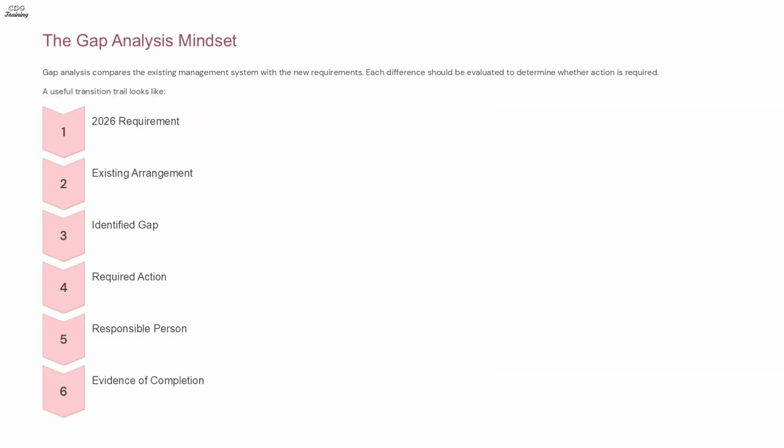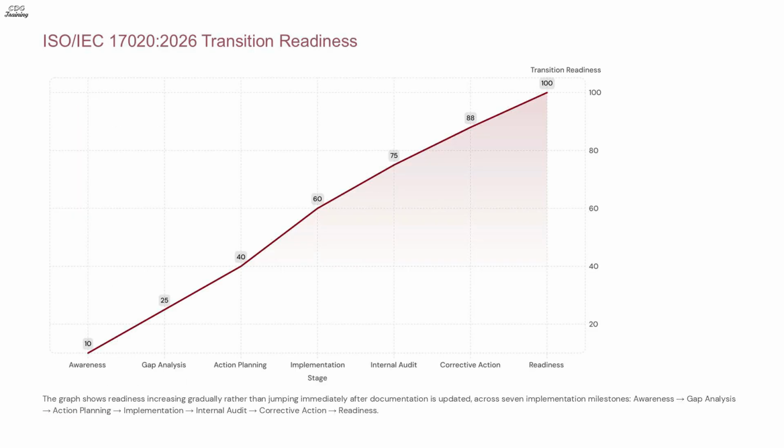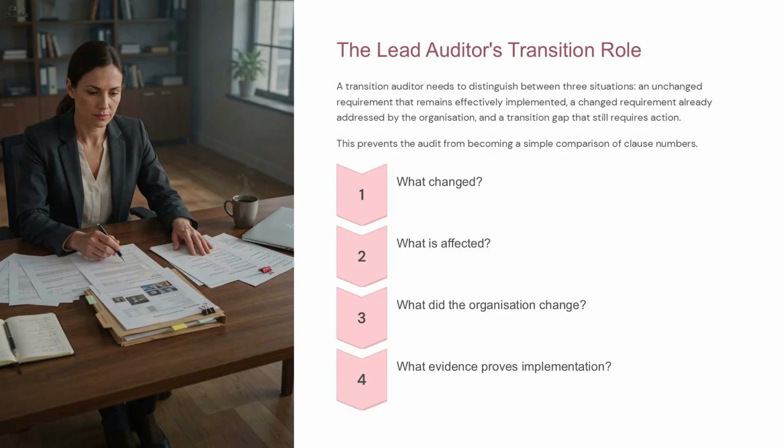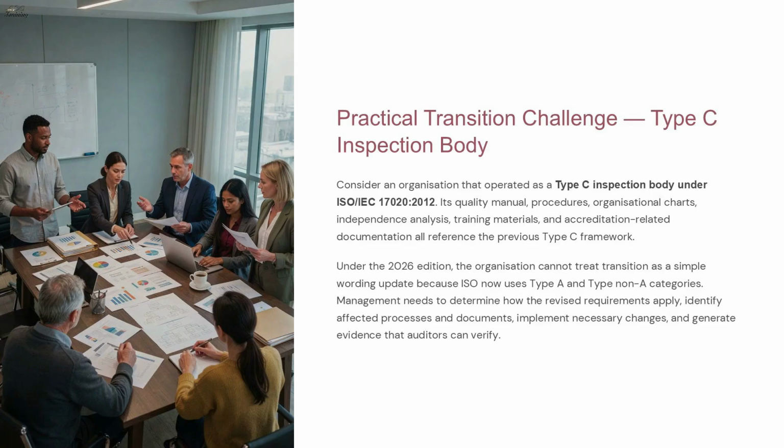A gap analysis mindset helps evaluate and implement necessary changes for compliance. The transition readiness graph shows a gradual increase in readiness through structured implementation. The lead auditor's role involves distinguishing between unchanged, changed, and gap areas in the transition. Type C inspection bodies face practical challenges in transitioning to the new framework.